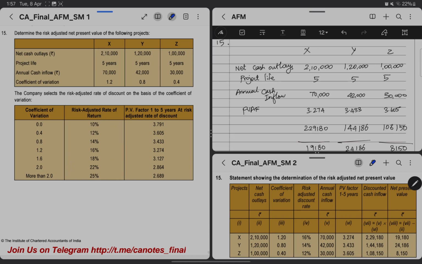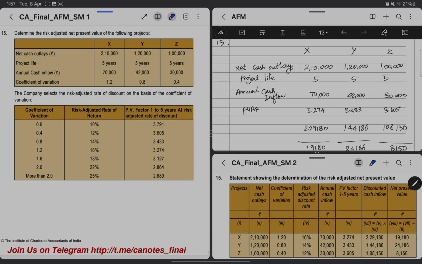As we have previously seen in our questions, the coefficient of variation is the per rupee risk involved in a project, and the more the risk, the more the risk adjusted rate of return. As a nominal investor, we will expect more returns when the risk is more. So as you can see, when the coefficient of variation increases, the risk adjusted rate also increases.